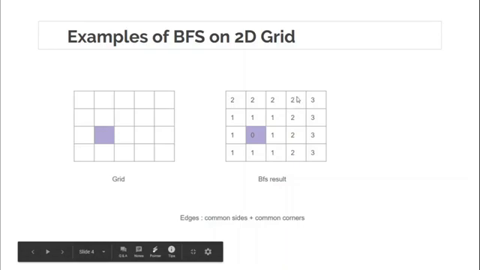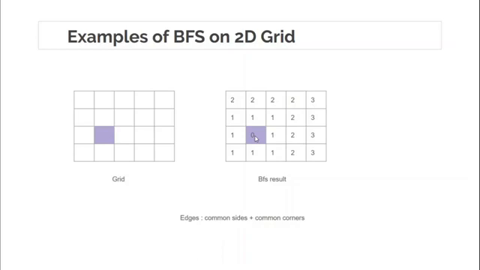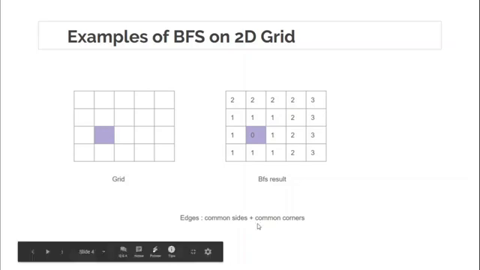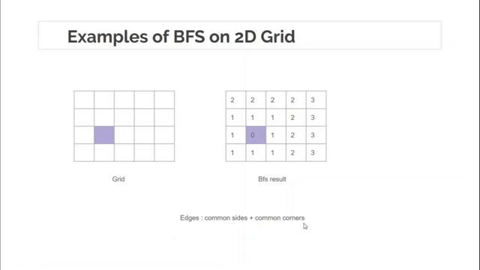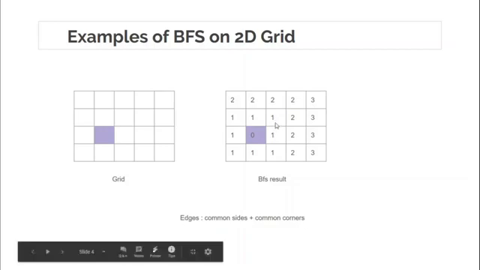You can reach this cell in 2 steps or this cell in 2 steps. You can go from here to here and then here. So this is what the BFS result would look like if we consider common edges as well as common corners as edges.